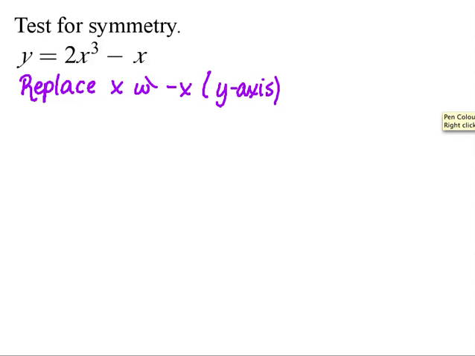So all I'm going to do is I get y equals 2 times negative x quantity cubed minus negative x. All right? So I want you to go and simplify that. See what you come up with.